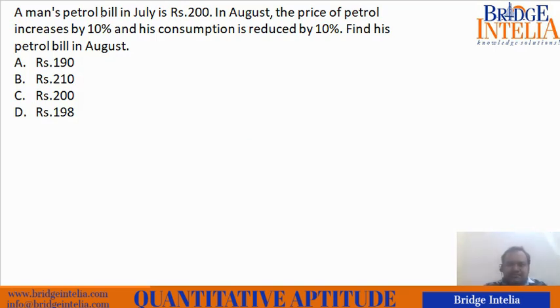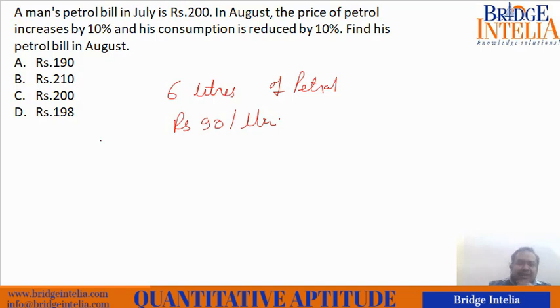Let's see. So what is petrol bill? Petrol bill depends on how much you are consuming, that means what quantity you are consuming. And the second factor on which it depends is the price of petrol. For example, if I am consuming 6 liters of petrol, and assume the price of petrol to be, let's say, rupees 90 per liter.